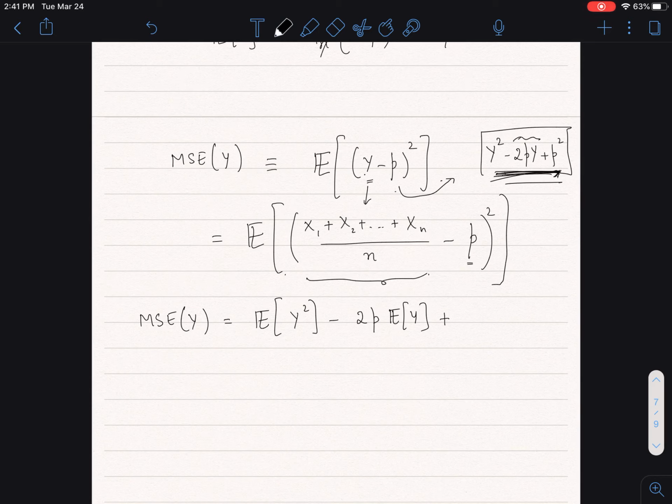P is a constant, and the expected value of a constant is that constant itself, so you get p squared. I'm just using the fact that if I have the expected value of some constant like 1/4, it's always the same thing, so it's 1/4. So that's what you're using.